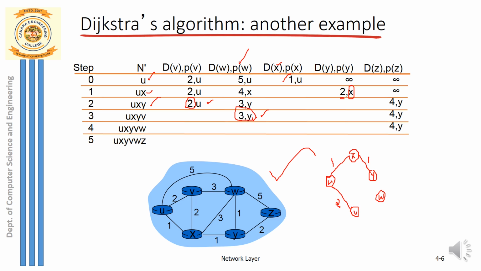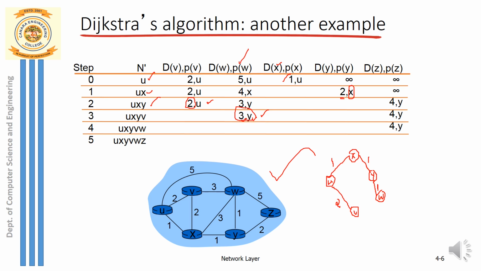From u to y, already I know the distance via x is 1 plus 1, 2, which I had already calculated. And now from u to w, via y, I have the total cost 3. So all that I have to add is this cost 1, because u to x is 1, x to y is 1, and y to w is 1 only, because the distance calculation from u to w we have already made, the least cost is 3. So 1 plus 1 plus 1 is 3. So u to w it is 3.